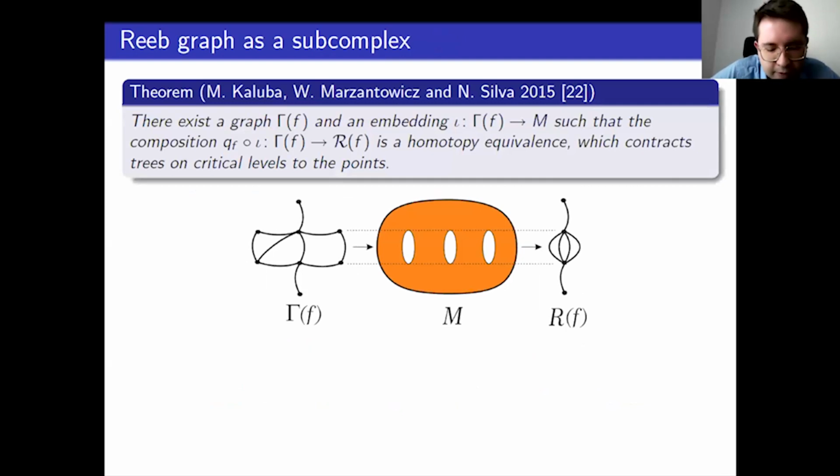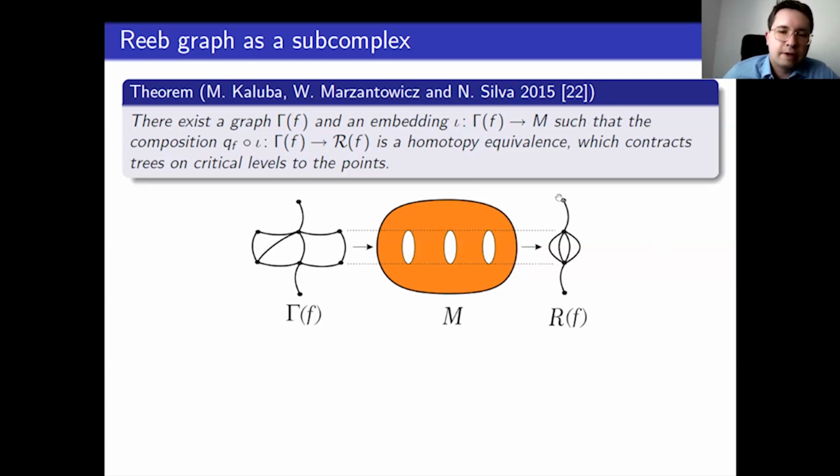The second thing which describes graphs is their number of cycles, and we have some properties about this number from the following construction provided by Kaluba, Marzantowicz, and Silva.